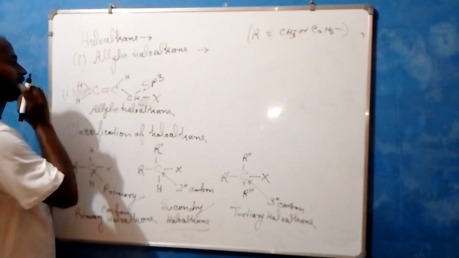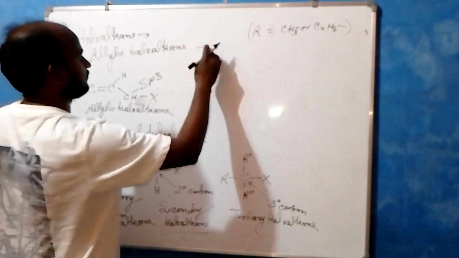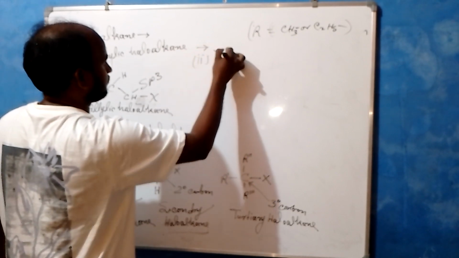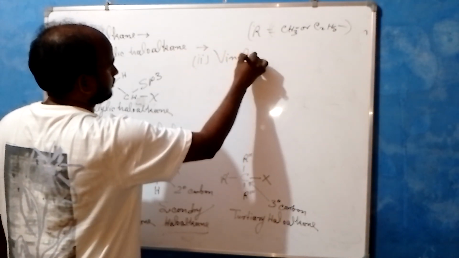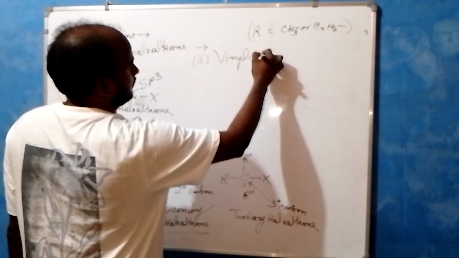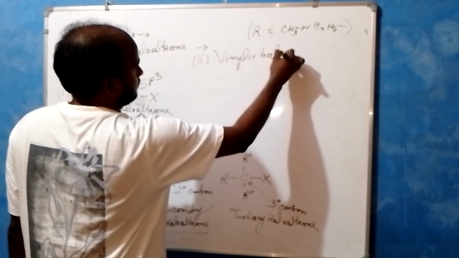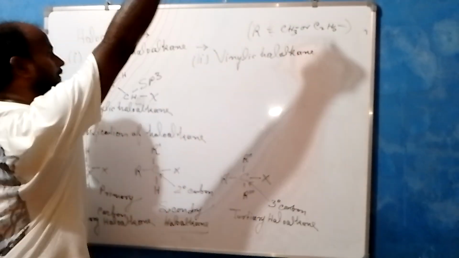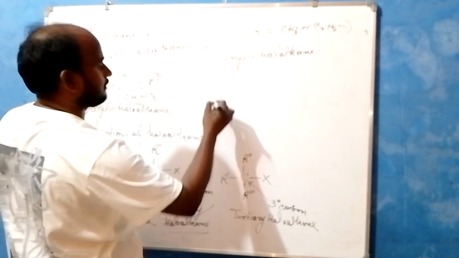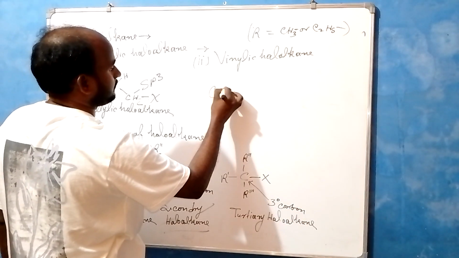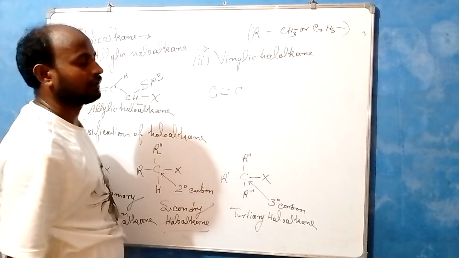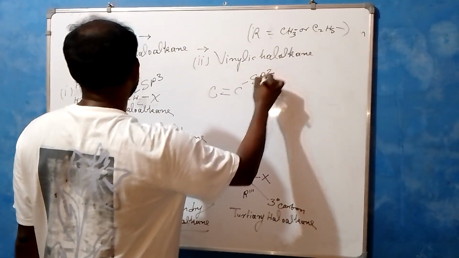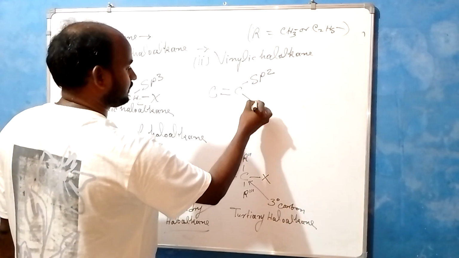But in case of the second, vinylic haloalkane, the halogen atom is directly attached to the sp2 hybridized carbon atom.